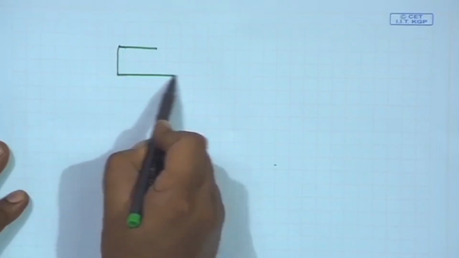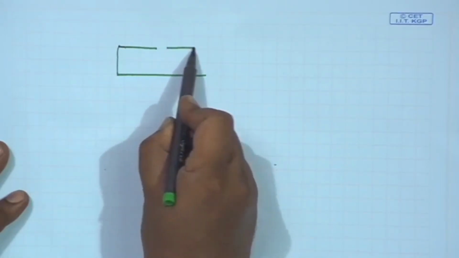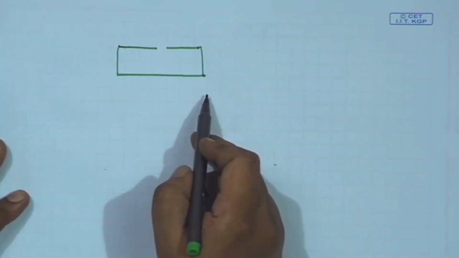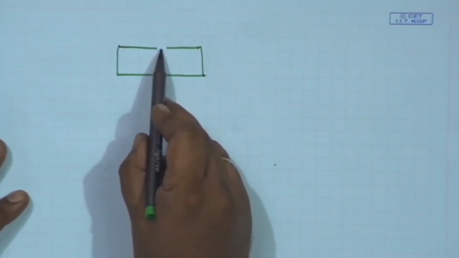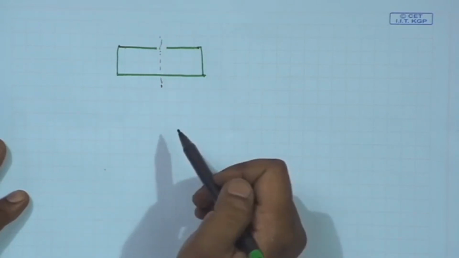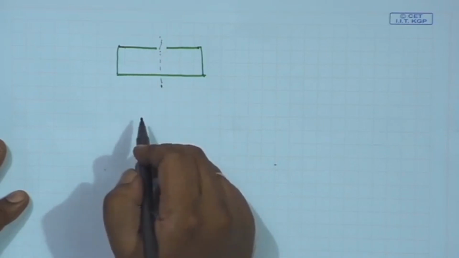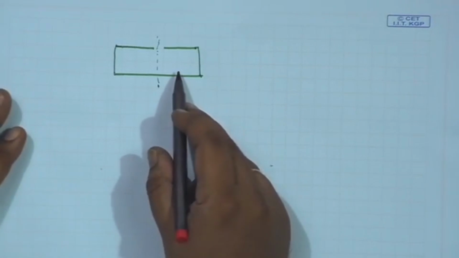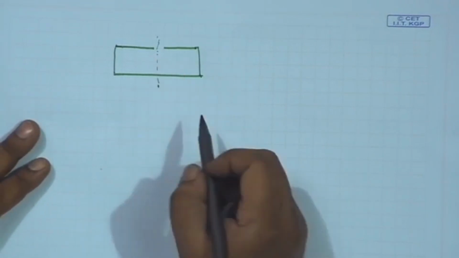If I draw the cross section of one rectangular waveguide, where to place the slot? If I place the slot symmetrically about the central axis, then the TE10 mode, if it propagates through the waveguide, will not excite the slot.